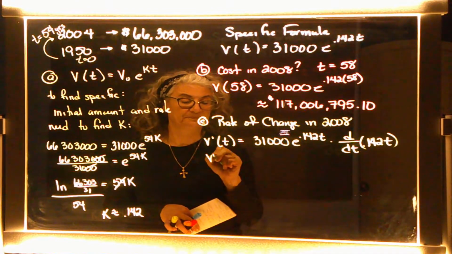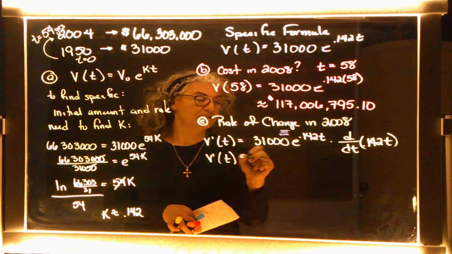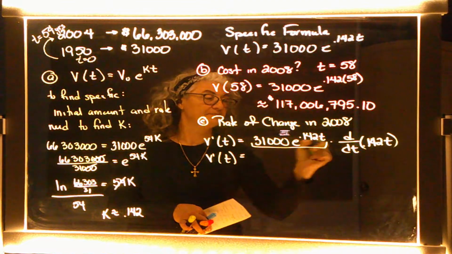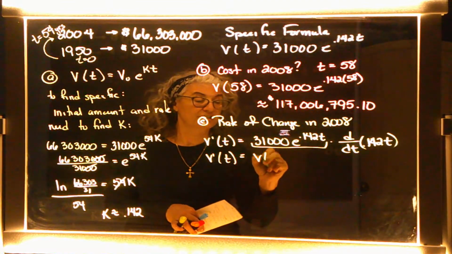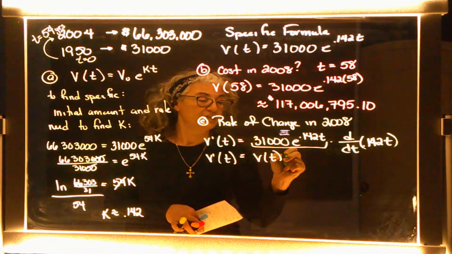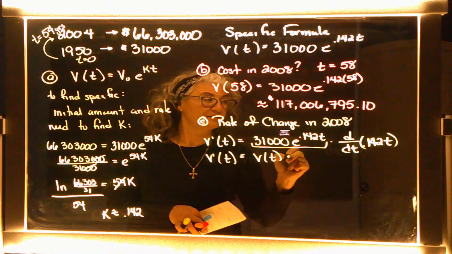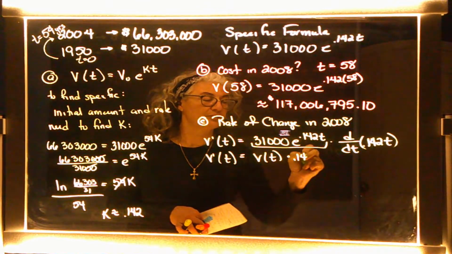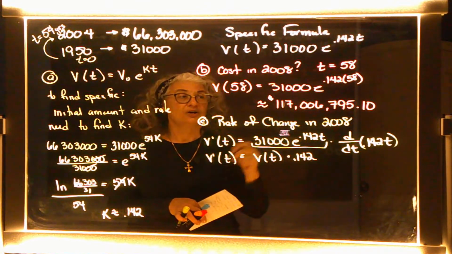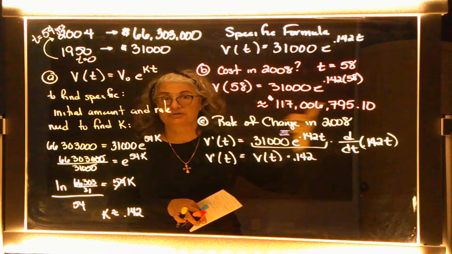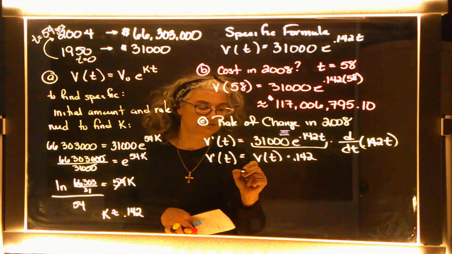So, this is the original part, isn't it? So that's just our original v of t, isn't it? And you're multiplying it by, good, the 0.142. Well, v of t was this $117 million, wasn't it?